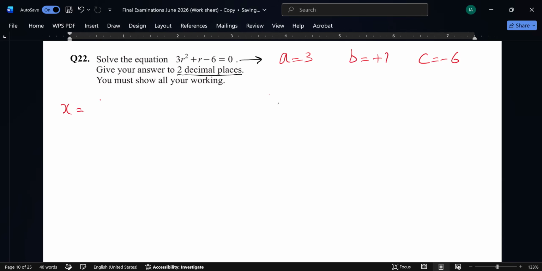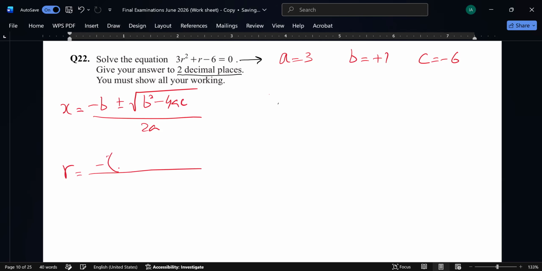I'm recalling the formula again. Now we substitute the values. We substitute the values b squared.